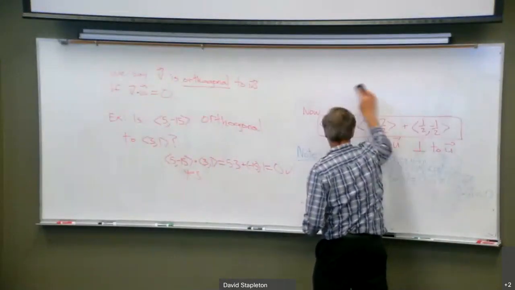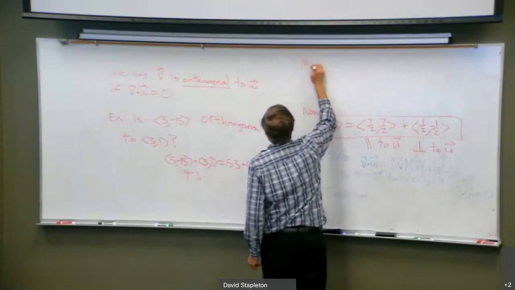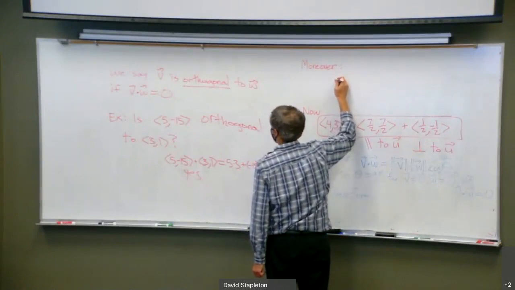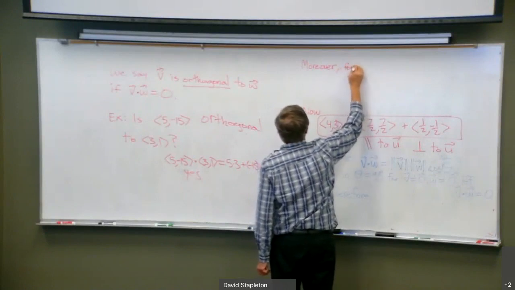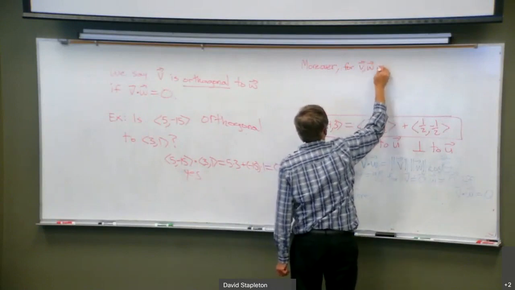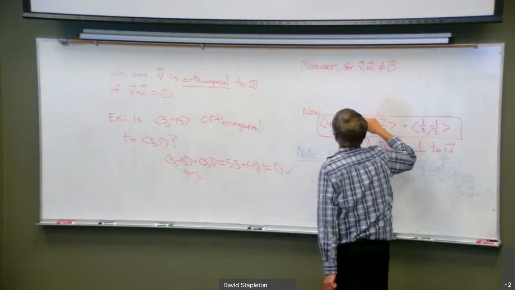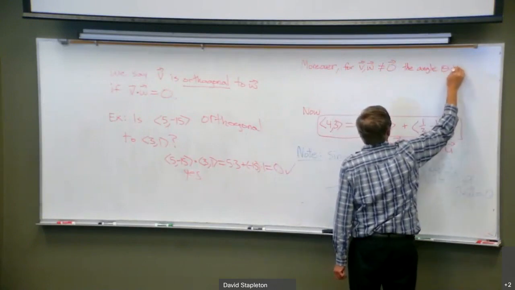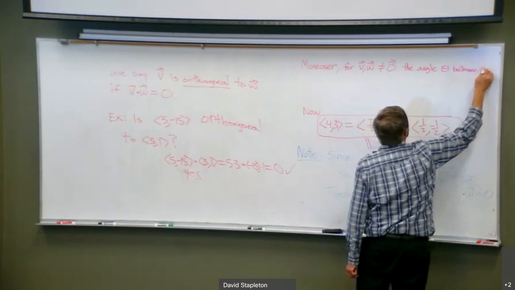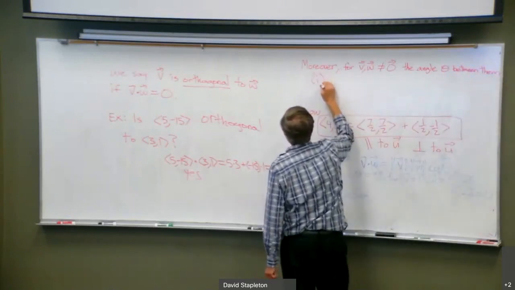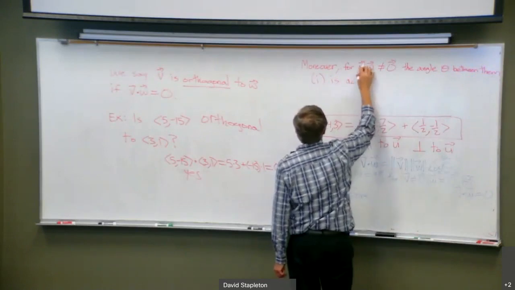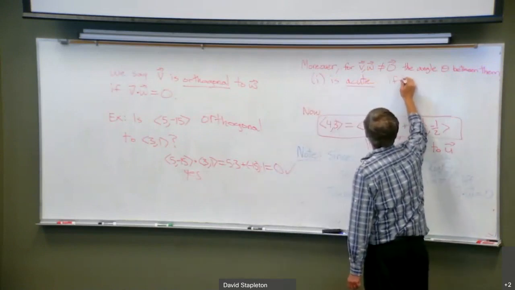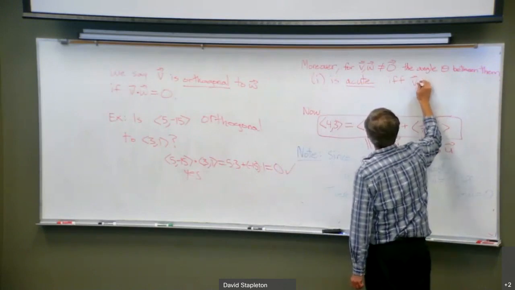More than that, you have the following result. For V and W both not the zero vector, with all components 0, the angle theta between them is acute, meaning less than 90 degrees, if and only if V dot W is positive.